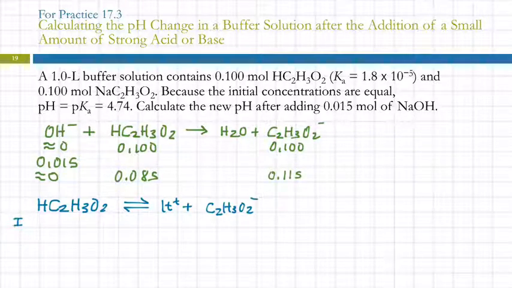So initial is what we determined from our little stoichiometry calculation here. So the acid would have 0.085 moles. And the acetate is 0.115 moles.